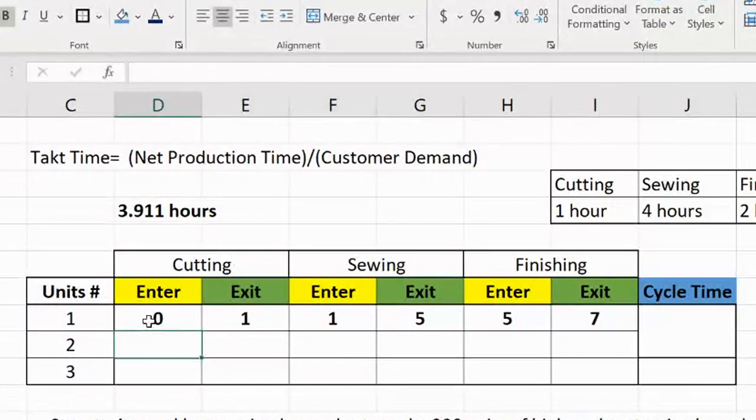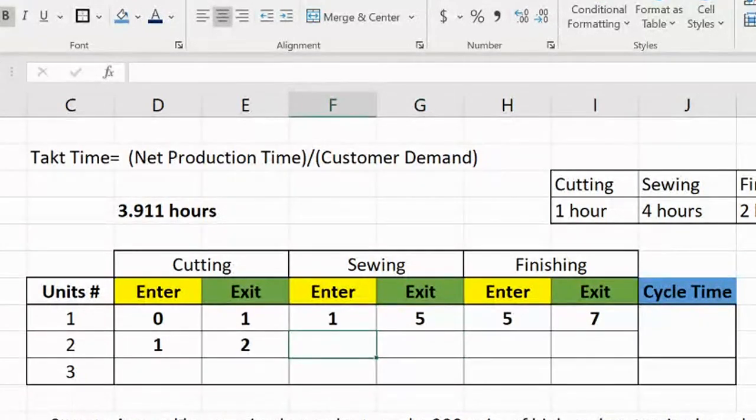But what will happen with the second unit? Let's see. In the case of the second unit, the unit will enter the cutting process at the first hour, and then it will come out from the cutting process at the second hour. But for it to go through the sewing process, it has to wait, since the first unit would be there in the sewing process till the fifth hour.